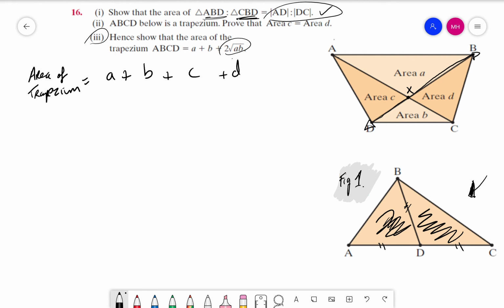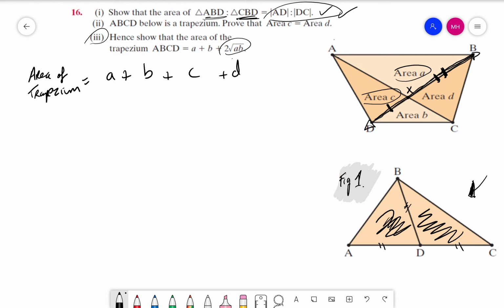Now, using what we learned, let's look at these triangles. So we'll examine this line here. There's the small side and there's the large side of that line. So that line there is splitting up these areas into a ratio like we had in part I of the question.